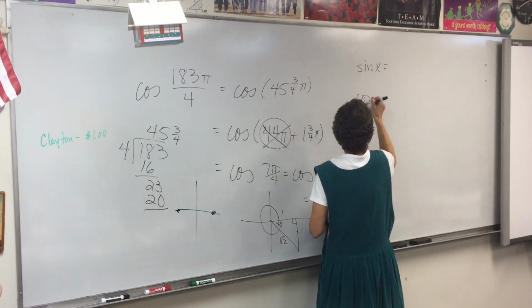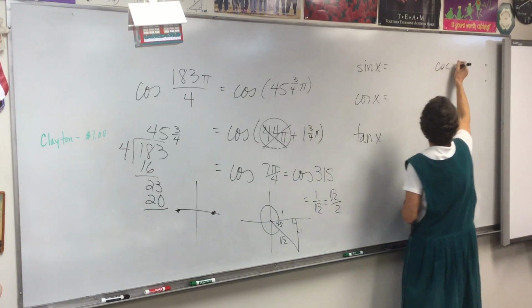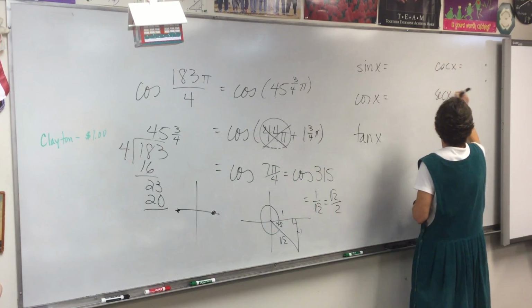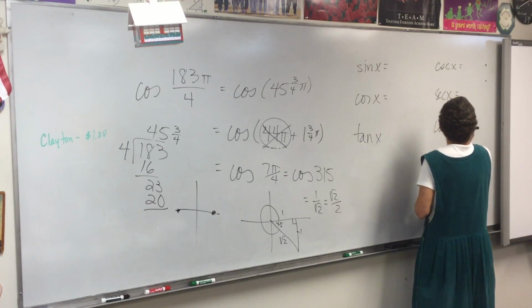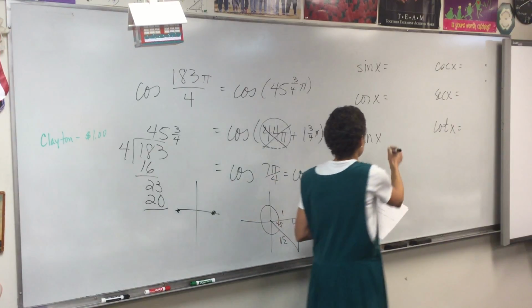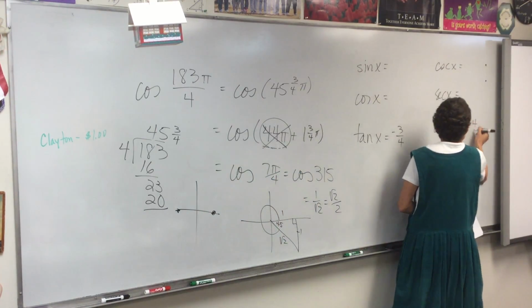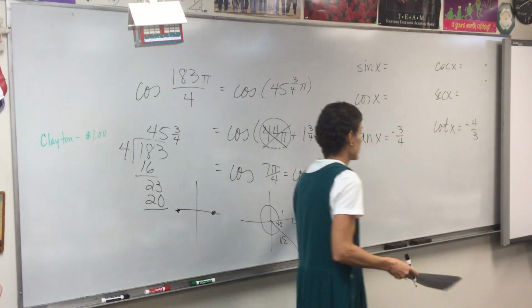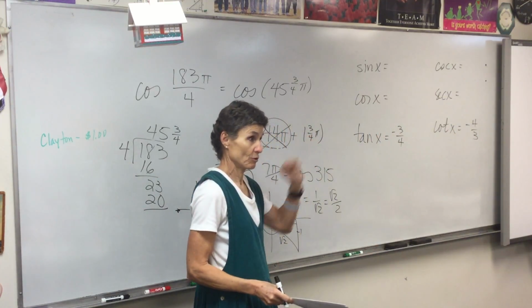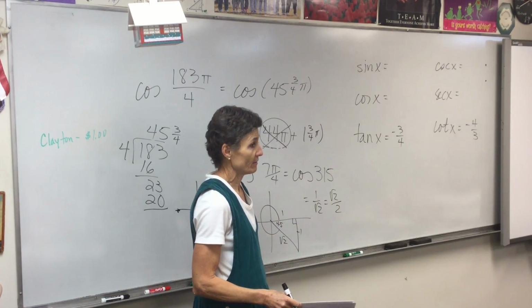So I want sine, cosine, tangent, cosecant, secant, and cotangent. Now they tell me already the tangent is -3/4, which means the cotangent's -4/3. So without doing anything, I get 1/3 of the problem right. 2/6 are done from the given.